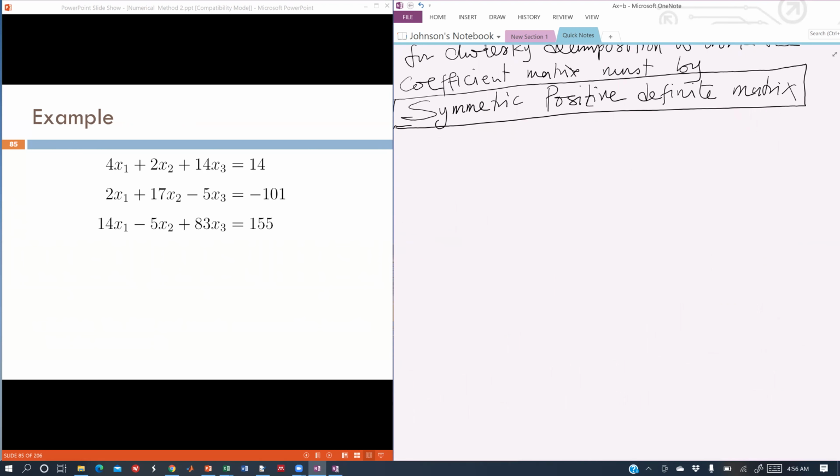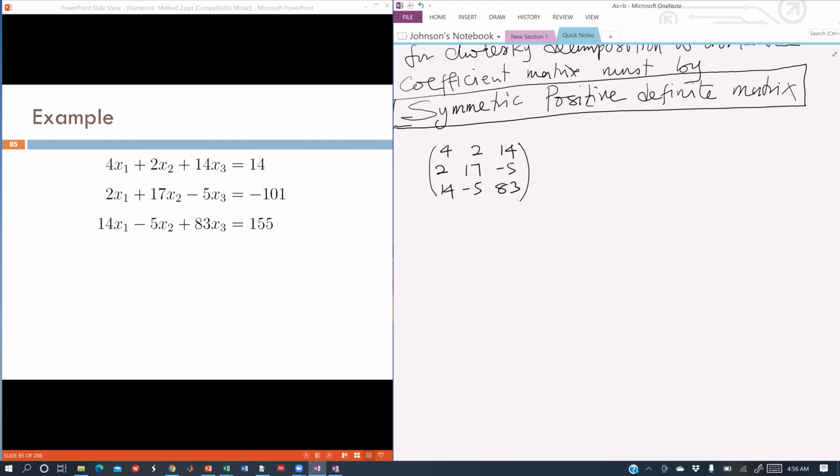So let's take this particular problem and try our hands on it. First of all, what is my coefficient matrix? My coefficient matrix is 4, 2, 14; 2, 17, minus 5; 14, minus 5, 83. This is my coefficient matrix, and this is what I'm going to decompose.